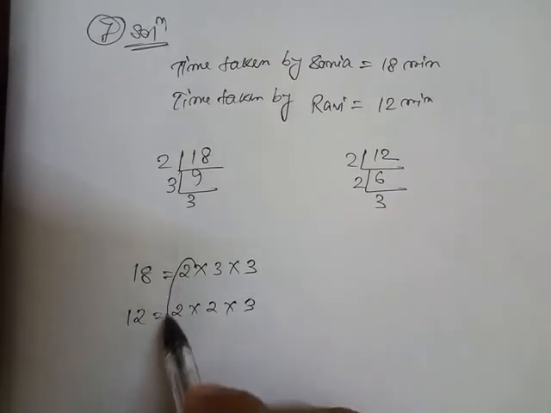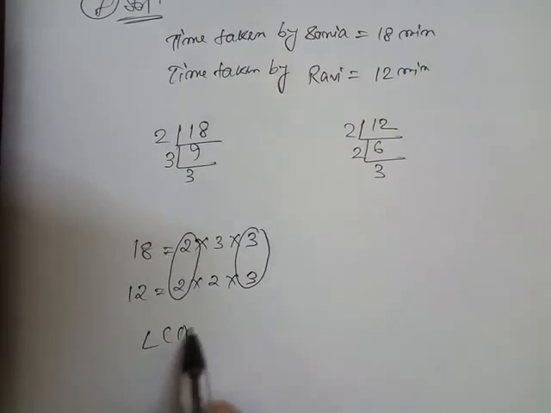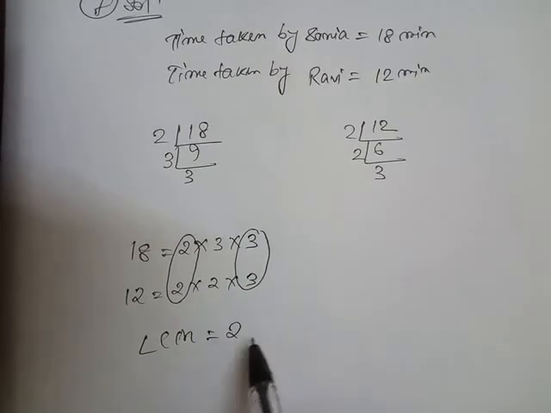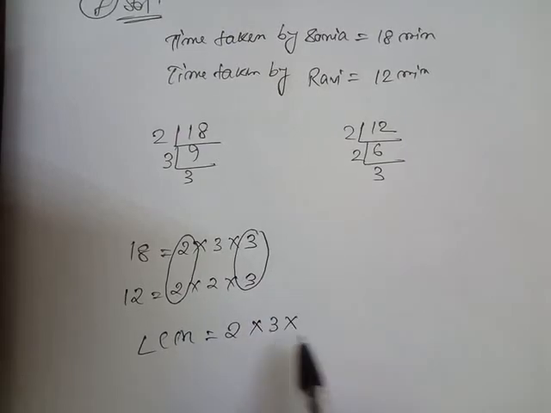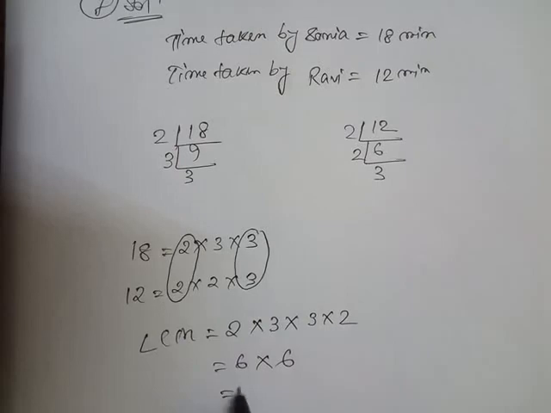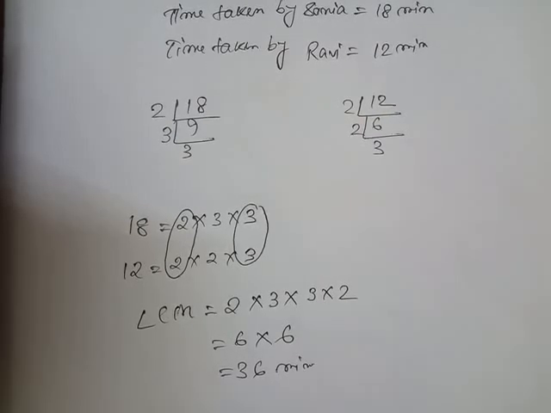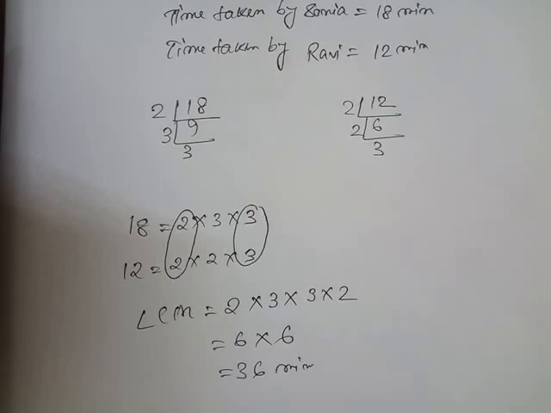This part is common and this part is common, so we can say that LCM is equal to the common part taken one time and the uncommon parts, so 3 into 6 and 6, which means 36 minutes. So the answer would be, both Sonia and Ravi will meet again at the starting point after 36 minutes. This is the answer of question number 7.